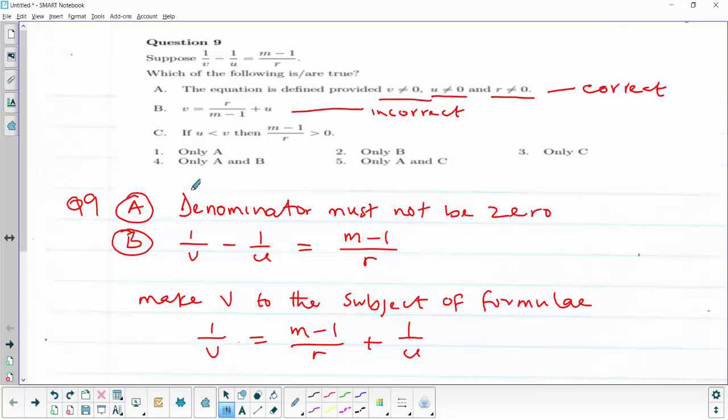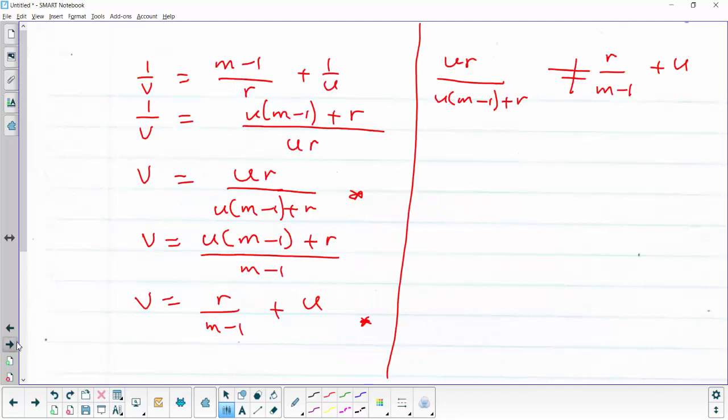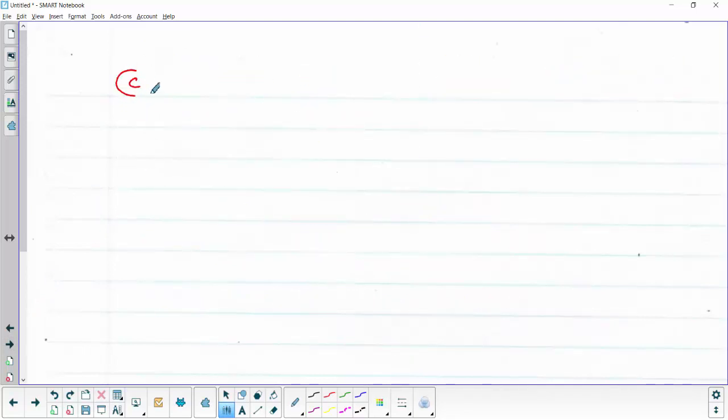Now let us go for C, whether C is correct or not. That is what we are going to ascertain now. Our C is given as: if u is less than v, then m minus 1 over r must be greater than 0.